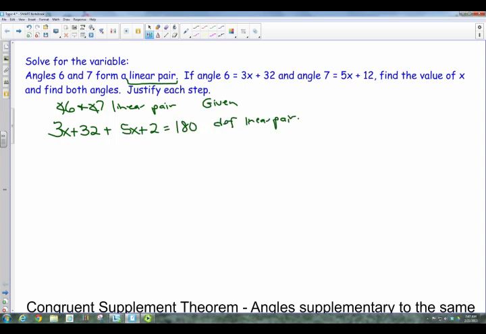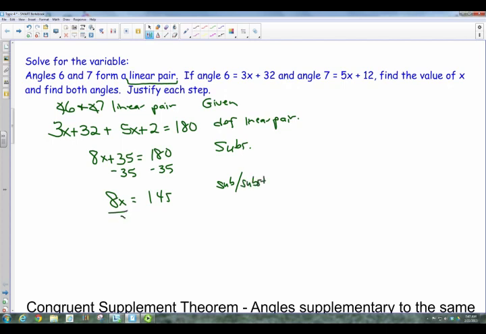So combining like terms, we end up with 8x plus 35 equals 180. And that's just substitution. Okay, we subtract 35 from both sides. So I've got 8x equals 145, and that step there would just be the subtraction and then the substitution.